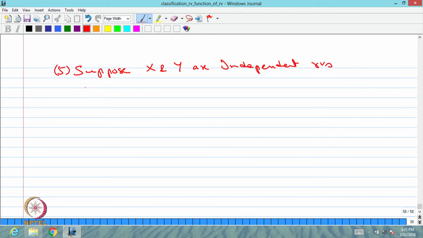We know that the joint CDF is the same as the product of the two CDFs. If they are discrete type random variables, then the joint probability mass function is the same as the product of the probability mass functions. If they are continuous type random variables, then the joint probability density function is the same as the product of the probability density functions of x and y.